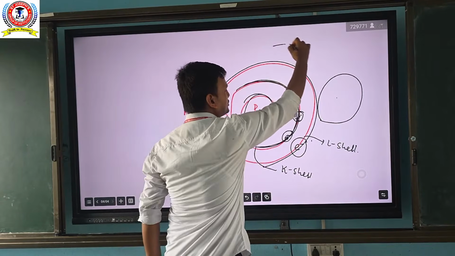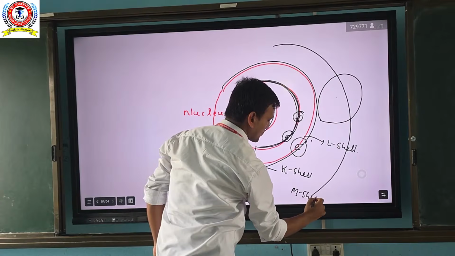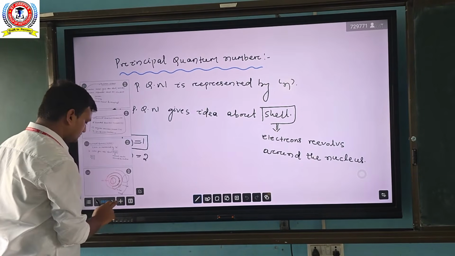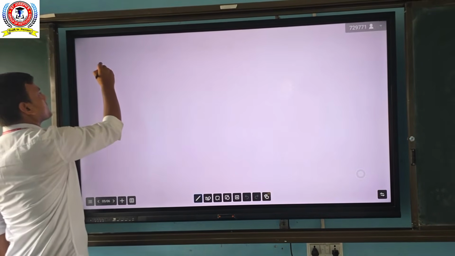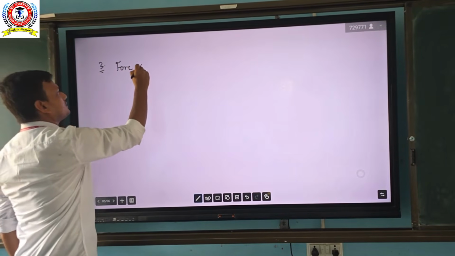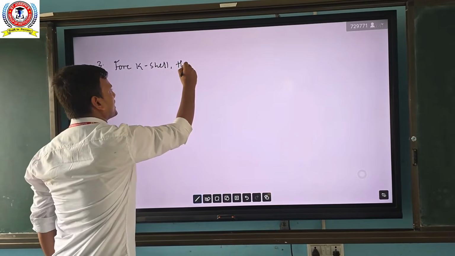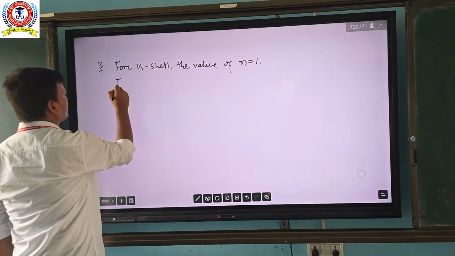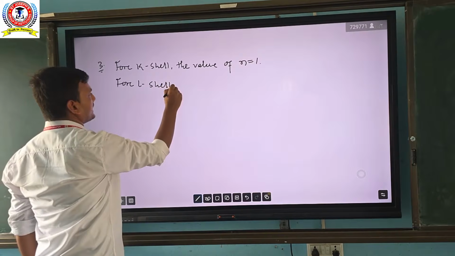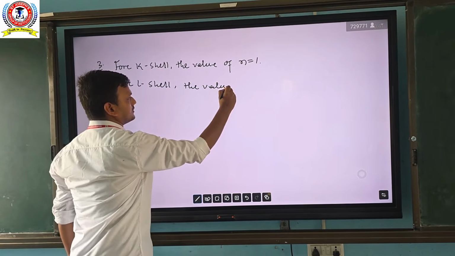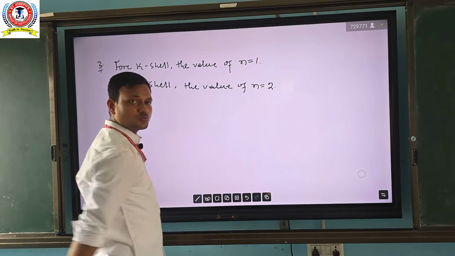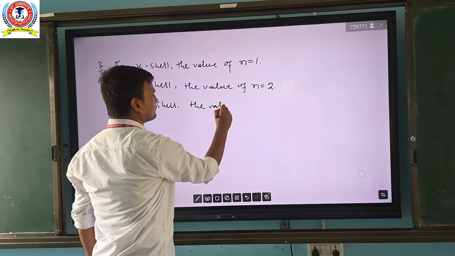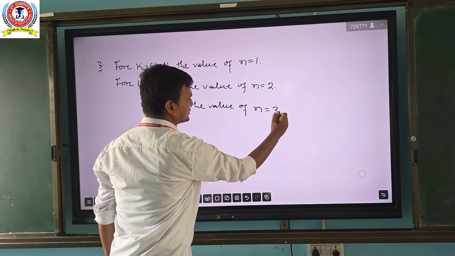Okay, next comes the shell known as the M shell. For the K shell the value of n is equal to 1, and similarly for the L shell the value of n is equal to 2, and for the M shell the value of n is equal to 3.